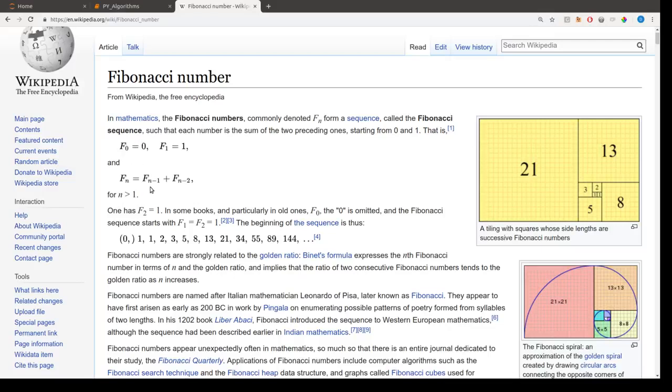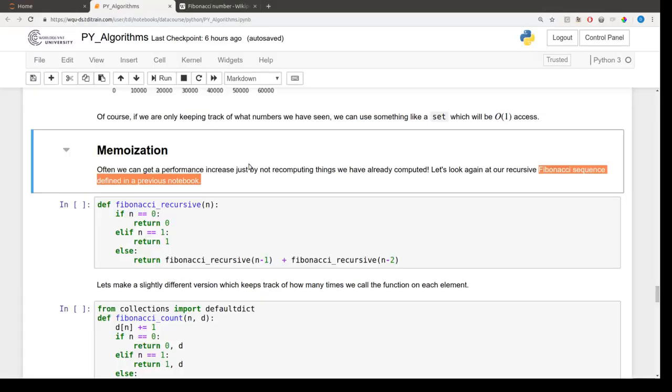So we would step backwards from n until we eventually got to 0 and 1, which we know, and then we could sum up all the terms on the right-hand side that we had expanded out. And this is essentially what happens in recursion.